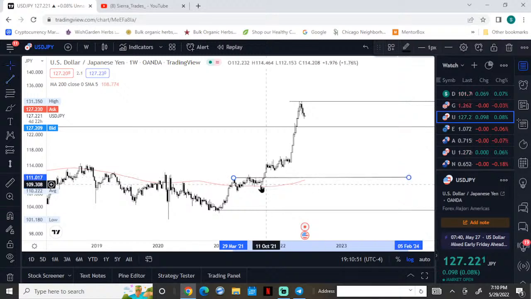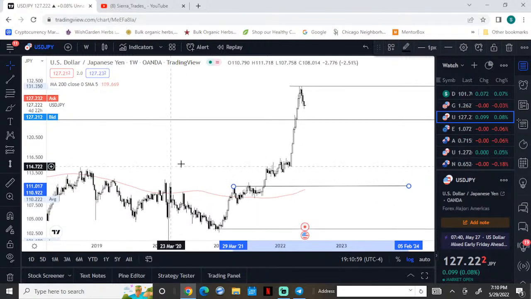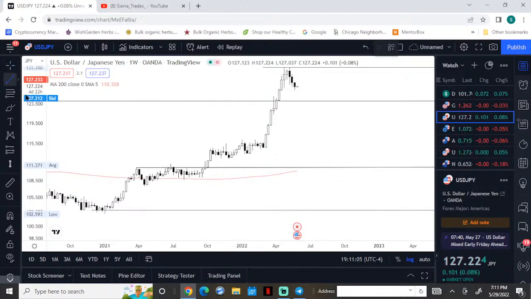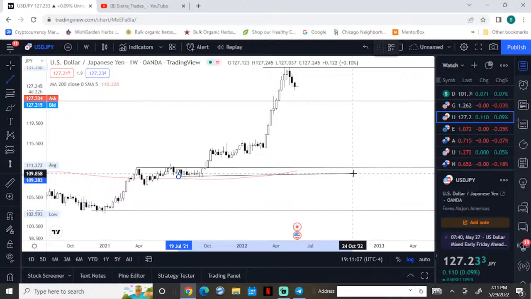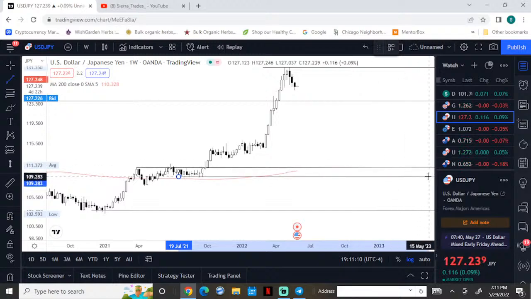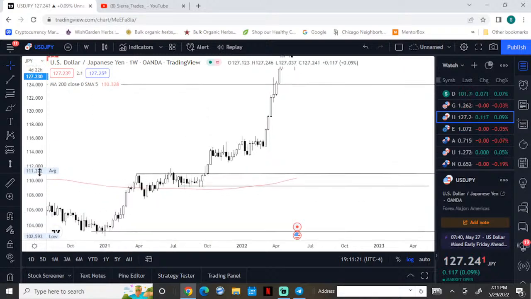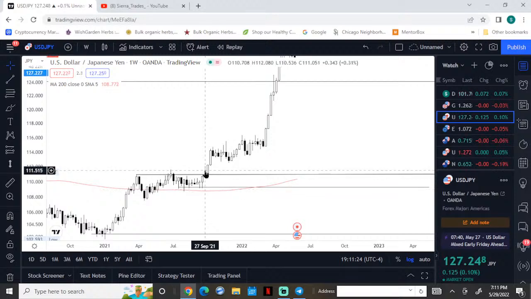I decided to mark this area up top instead of this one because you only have 1 touch right here. Now I am going to mark right here below because this is the weekly, and this happened for 1, 2, 3, 4, 5, 6, 7, 8, 9 weeks before price was able to push out of this area. So price never came back to retest it.